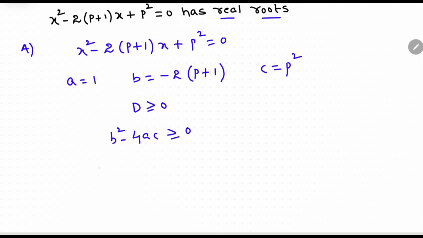So what is the b value? Minus 2 into p plus 1 whole power 2. So b square minus 4, a value 1, and what is the c value there? That is the p square, greater than or equal to 0.